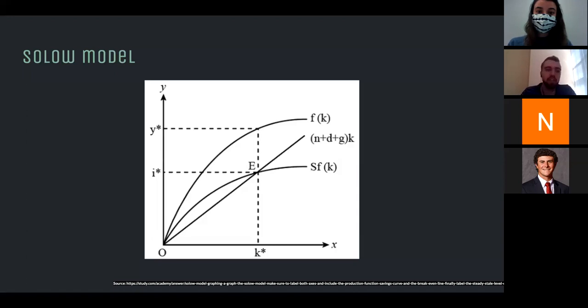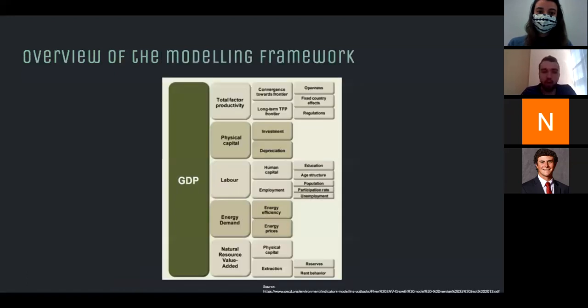On the next slide is the overview of the modeling framework. So how the ENV growth model works. The main concept of what it is trying to forecast is GDP. As I said, there are some factors, but here is the table which shows what is the most important, how the model is described.